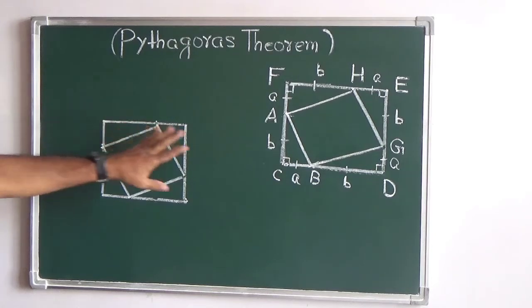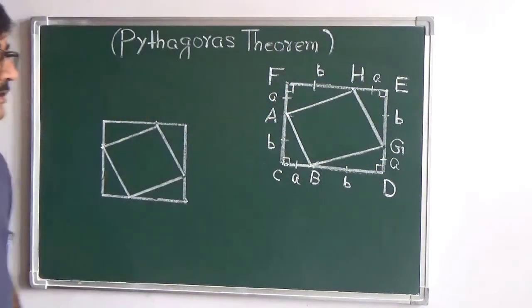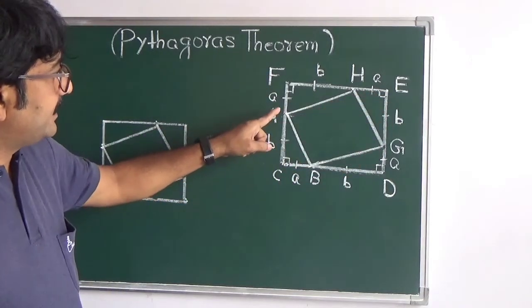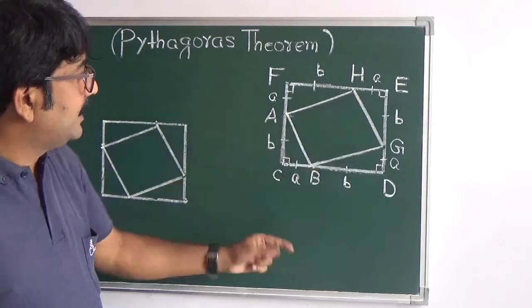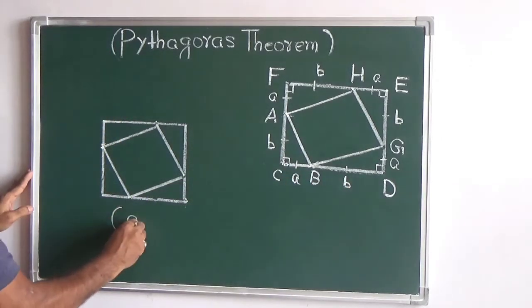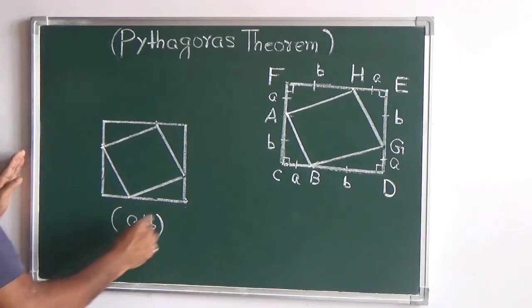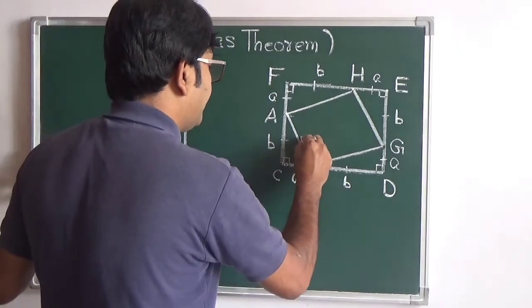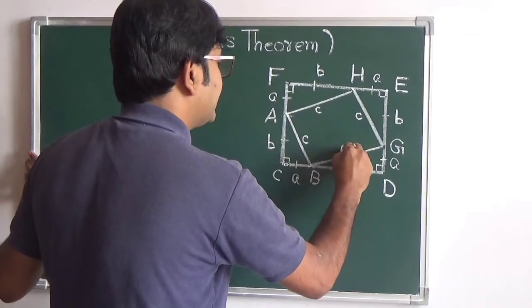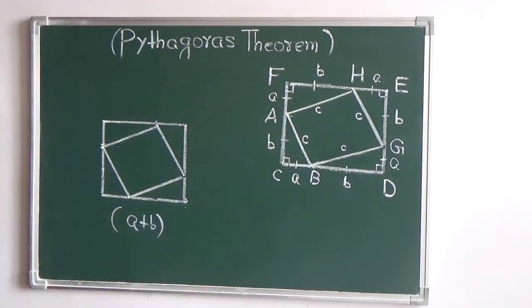Okay, after doing this, just write the points that are marked F, C, D, E, then the inner square A, B, G, H, and the smaller parts. See, the length of this is A plus B, right? And the hypotenuse of all the triangles is given by C. As I told you, these are all congruent triangles by construction.